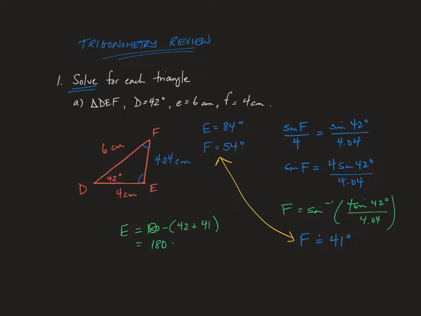So that's 180 minus 83. That's 97 degrees. And I'd like you to notice again, that's something different.